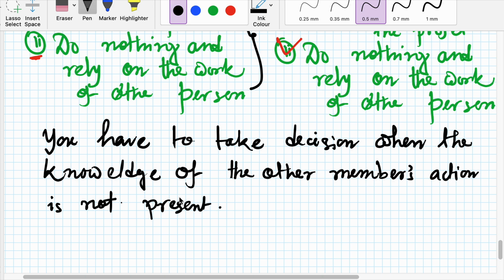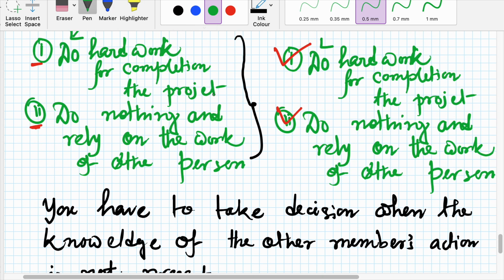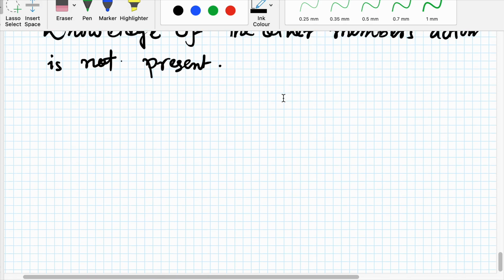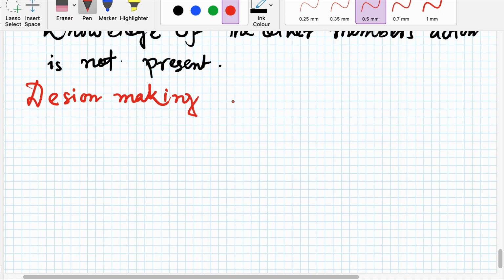Here you see that your project depends on what the other individual is doing. So this is a classical example of decision making under uncertainty.